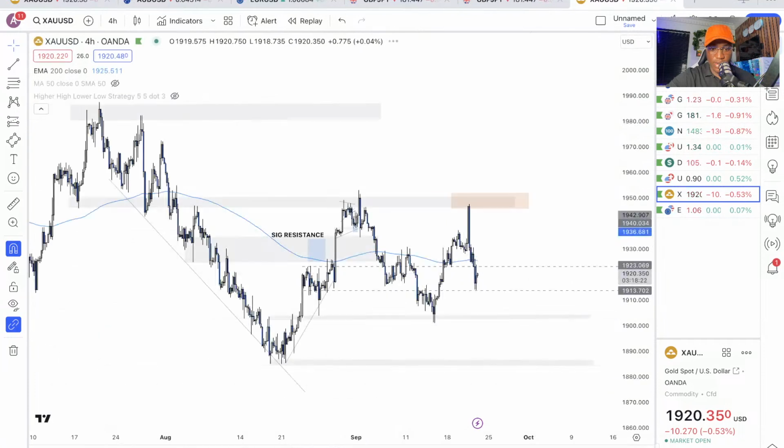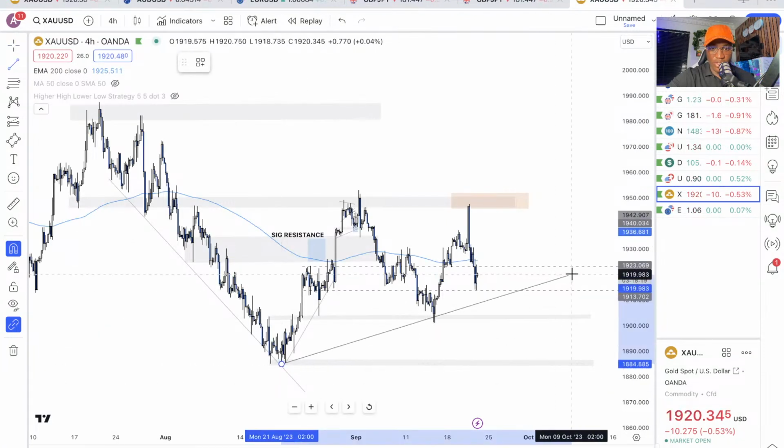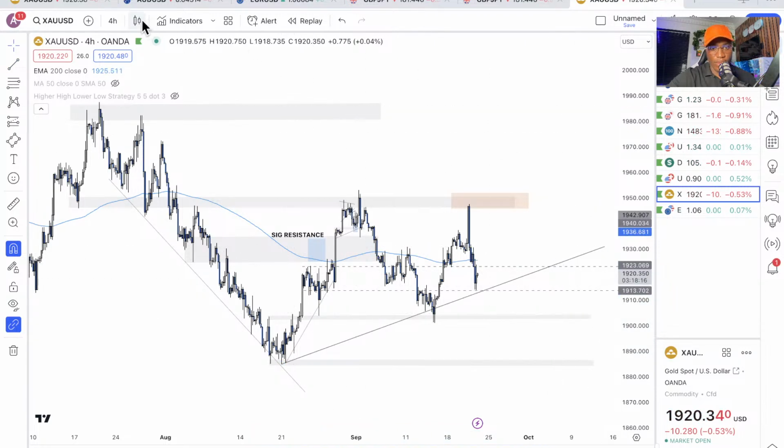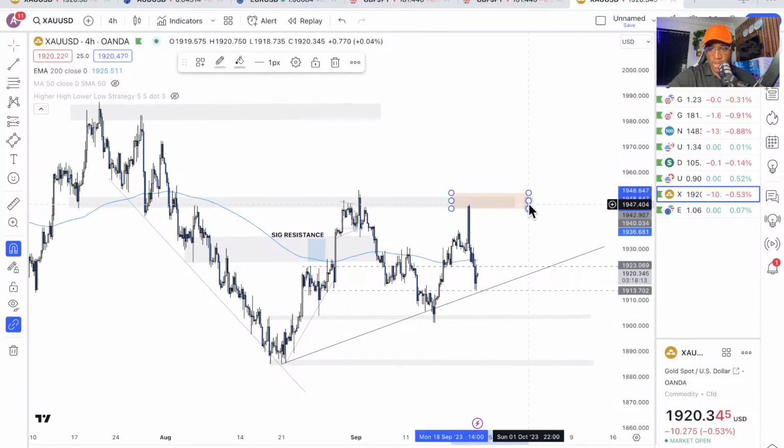Let's see. Gold is not really trending right now. But yeah, let's go to the lower time frames.